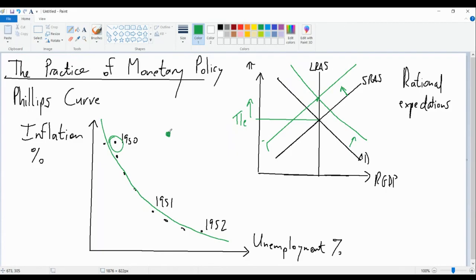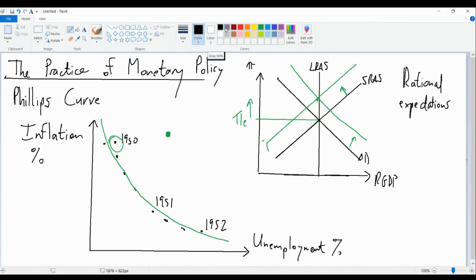So it'd be somewhere over here. So this Phillips curve, the observed Phillips curve, isn't a fixed law of nature. It may move. It may move with what? With expected inflation. Expected inflation shifts, the whole relationship changes.